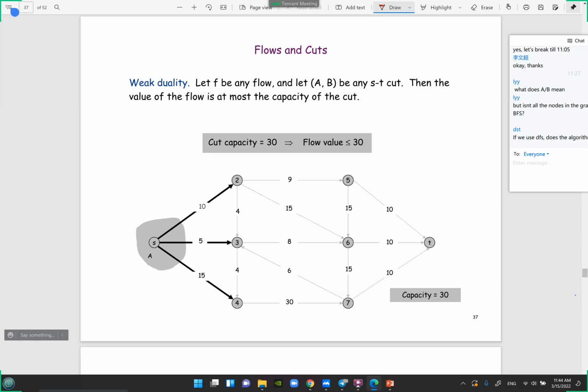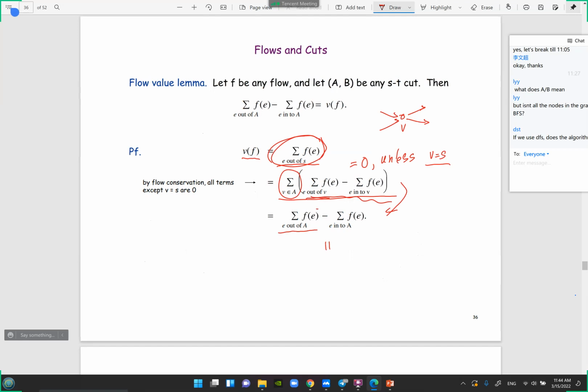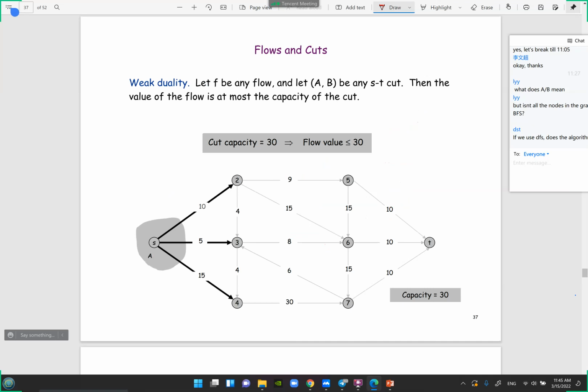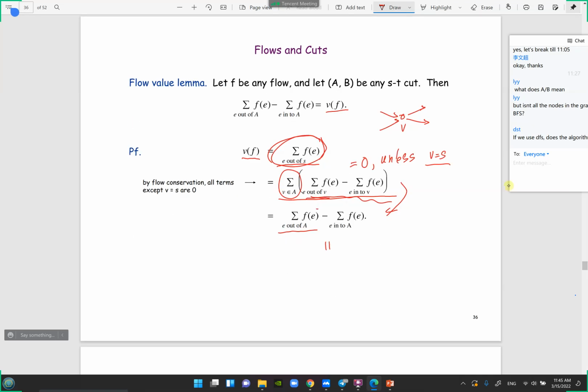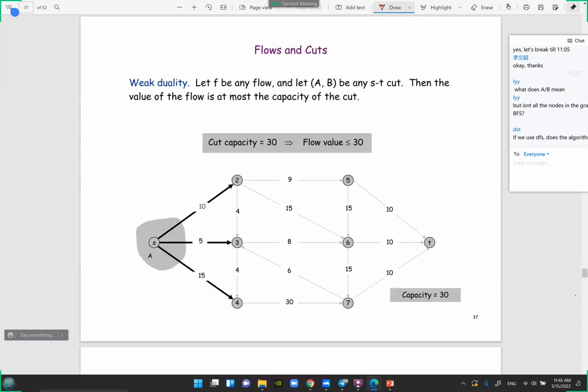Because what you have here is the amount of flow, and this is equal to the amount of flow going out from A minus the amount of flow coming into A.